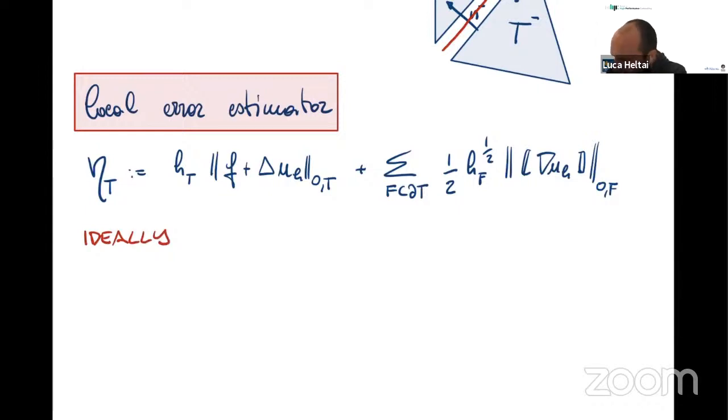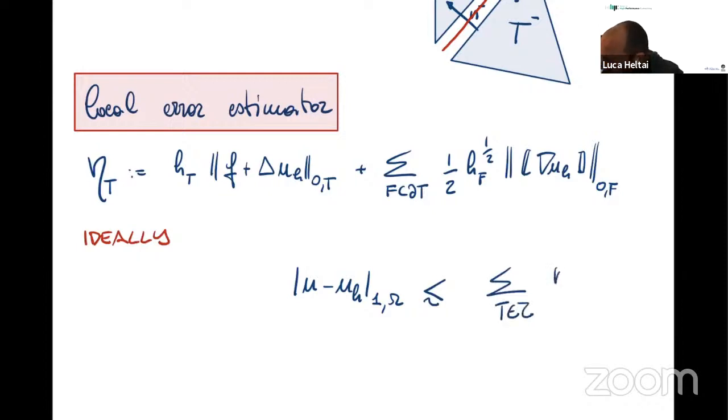We would like to have that the norm of the error, u minus u_h, in the H1 seminorm on omega, is controlled by the sum over T in the triangulation of eta_T squared. We'll put the square everywhere. And we would like this to be also valid.